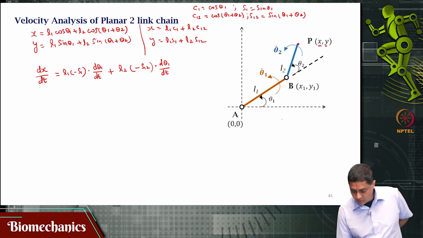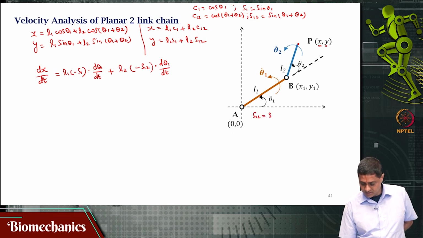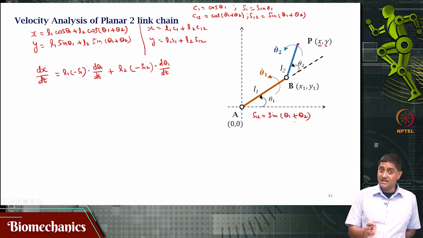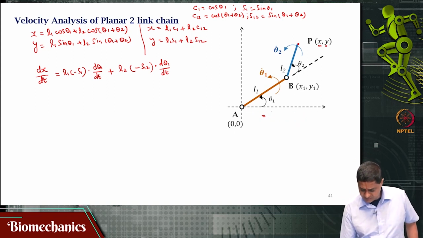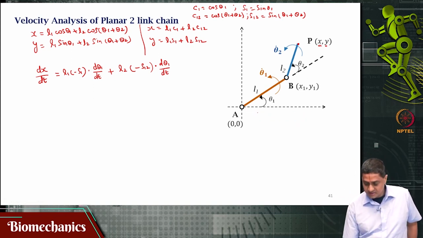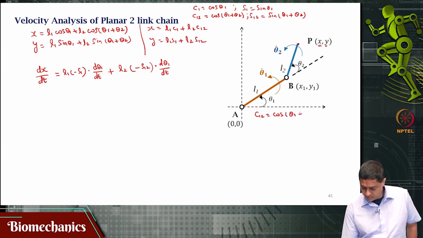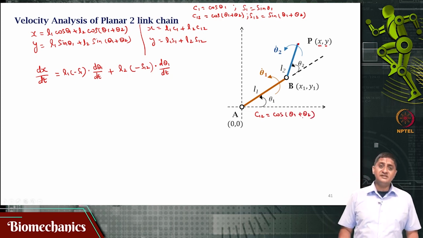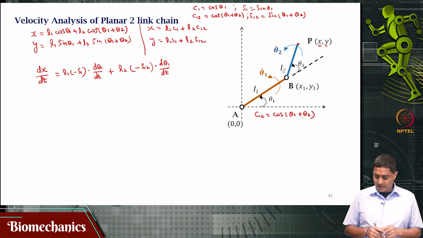Now, S12 is sine of theta 1 plus theta 2, and C12 is cos of theta 1 plus theta 2. Considering that both theta 1 and theta 2 are changing with respect to time, I am interested in differentiating C12 with respect to all thetas.